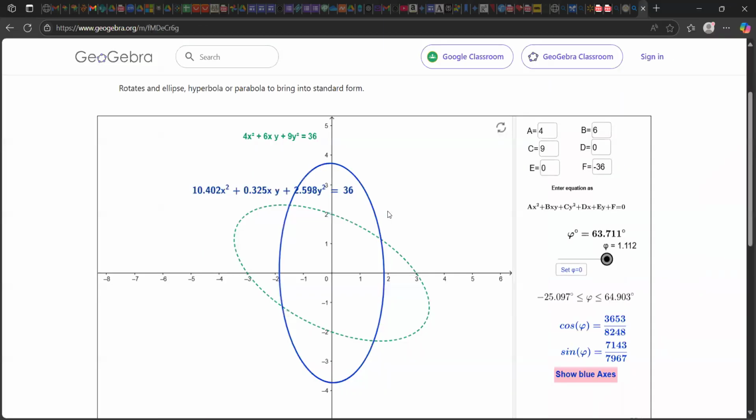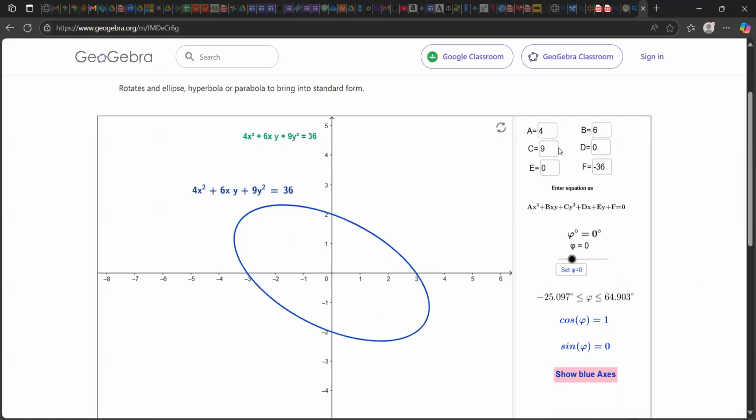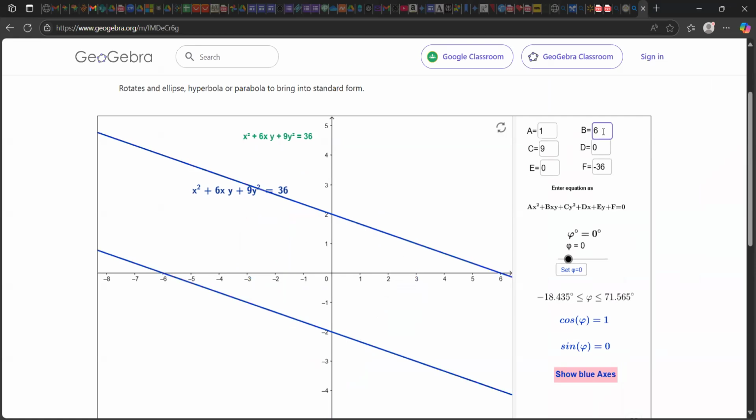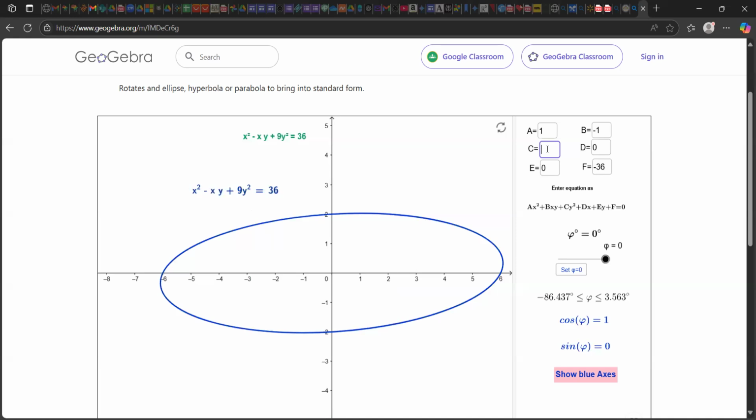Good. So we're back here, and I want to change it. All right, so A is equal to 1, B is equal to minus 1, C is equal to 1 as well.